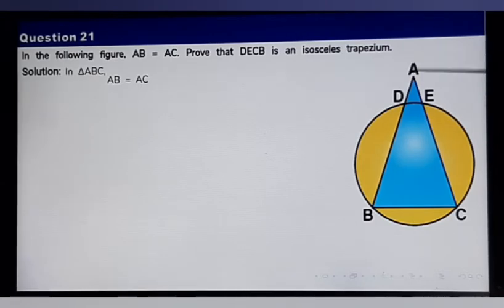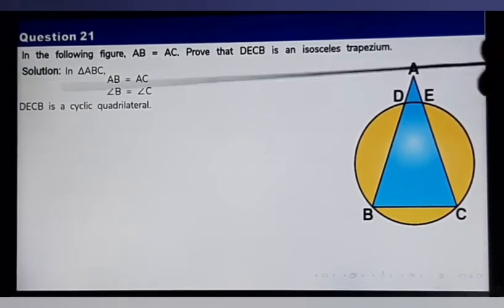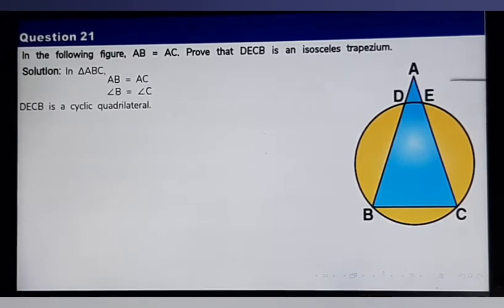Since this is an isosceles triangle, these two angles have to be equal, so angle B is equal to angle C. Now DECB is a cyclic quadrilateral, because all of D, E, C and B lie on the circumference.